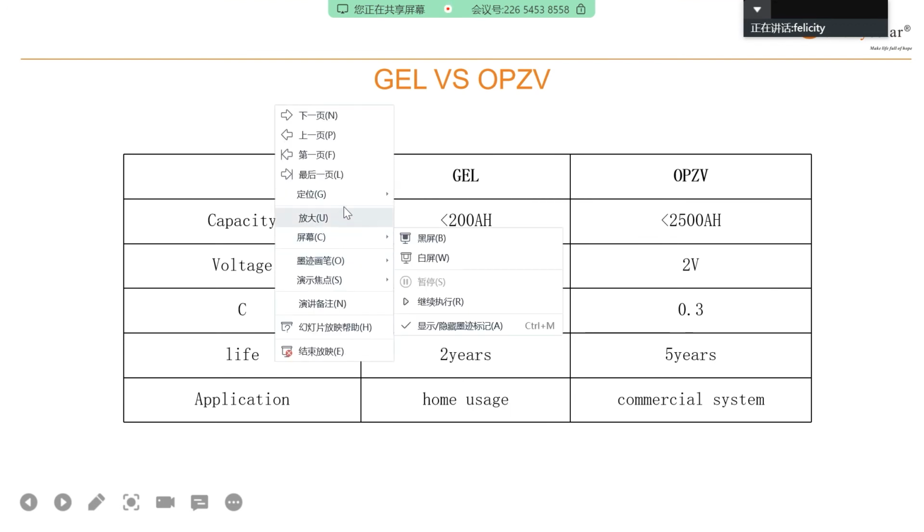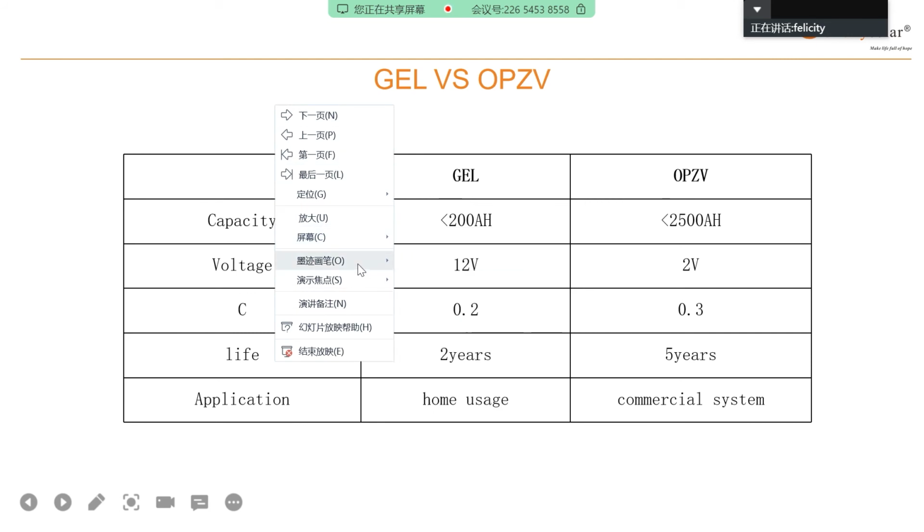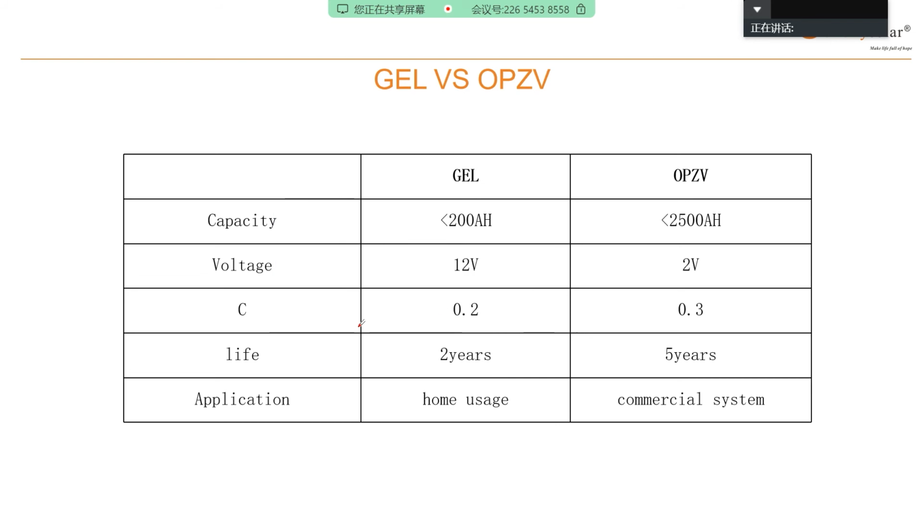For example, for a 200 amp lead acid battery, we recommend a charging or discharging current of 200 multiplied by 0.2, which means 40 amps.